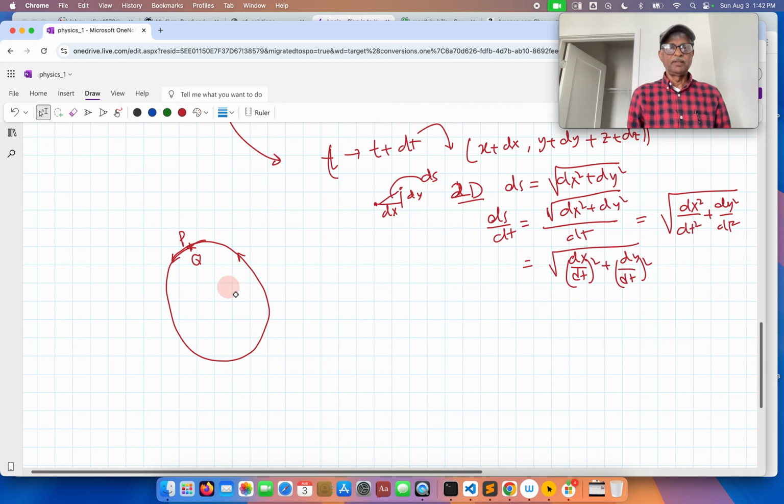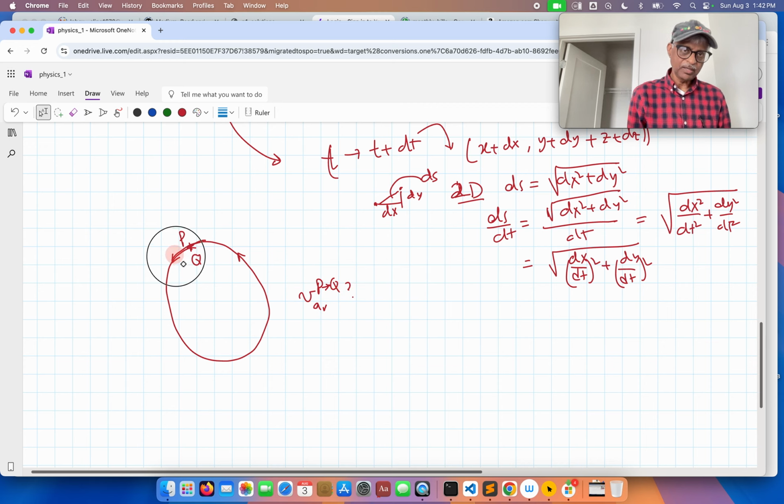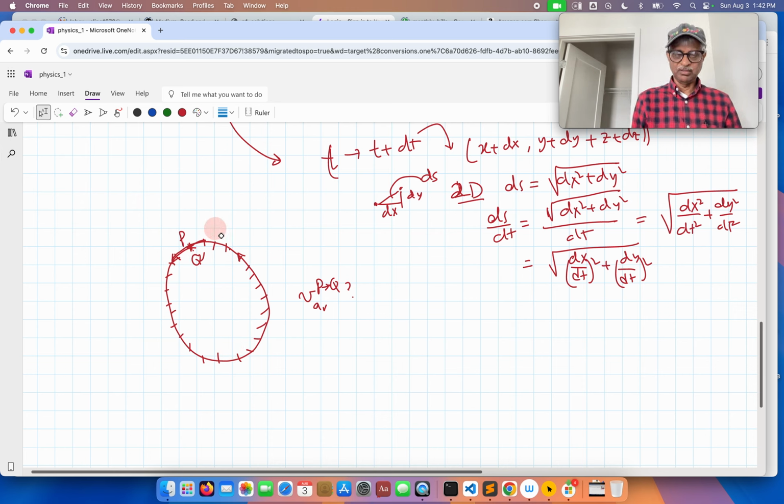Well, what's the average speed between P and Q? The direct distance is nothing. You have to go along the path you took. You put a ruler and figure out how much distance you have gone to get to Q. So suppose you went around twice, then you've gone twice the distance and twice the time, right?